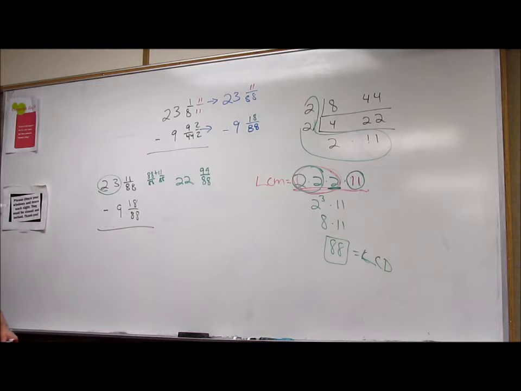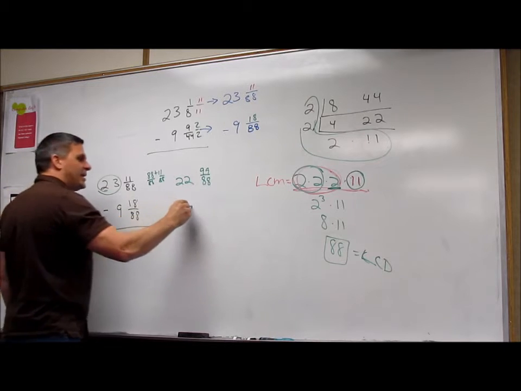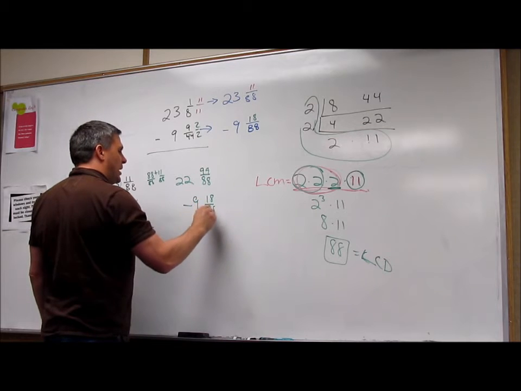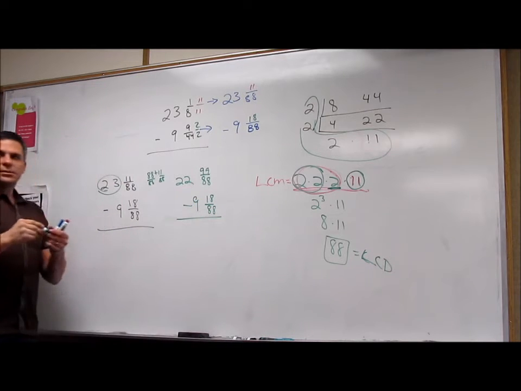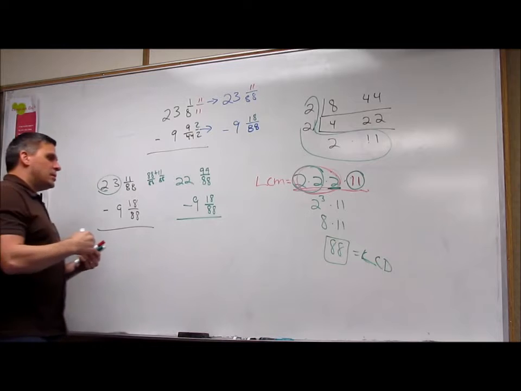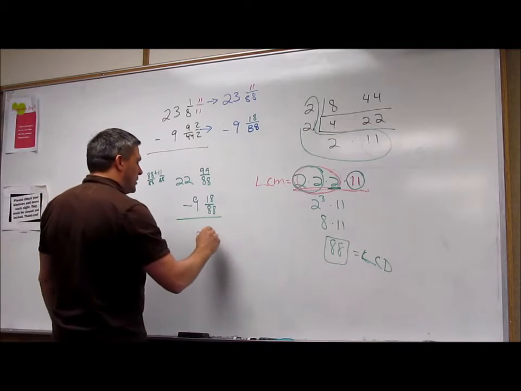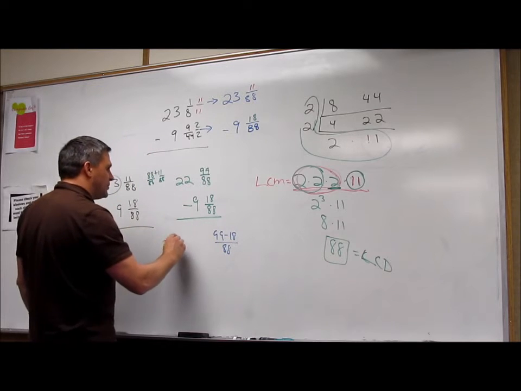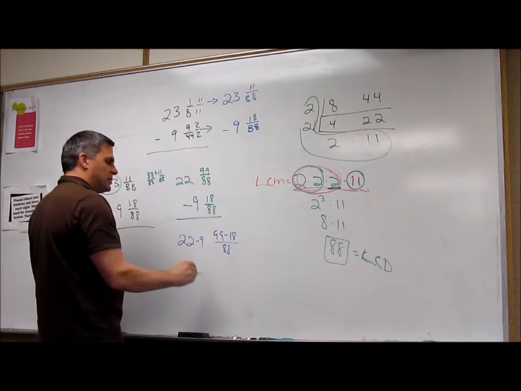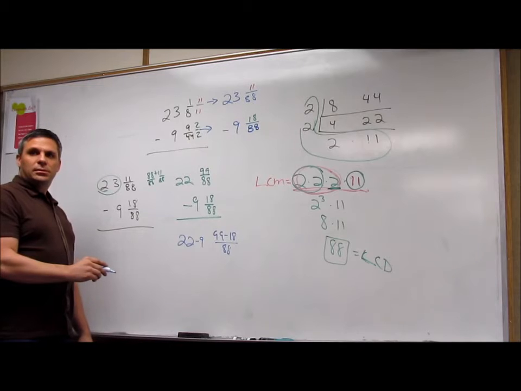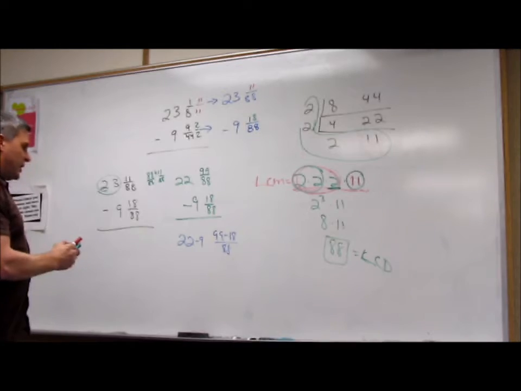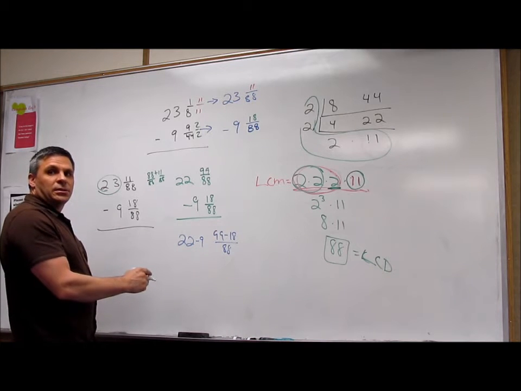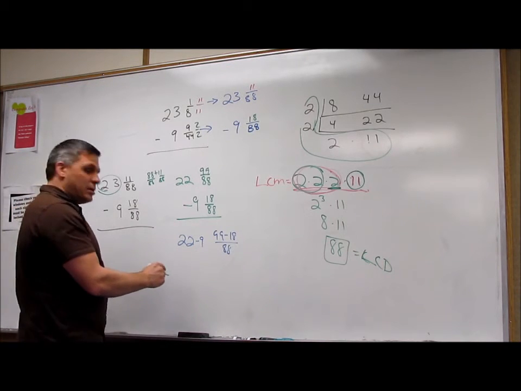Does that make sense? Minus 9 and 18 over 88. And now it's not that bad. So now I've got 99 minus 18 over 88, and I've got 22 minus 9, which is 13.